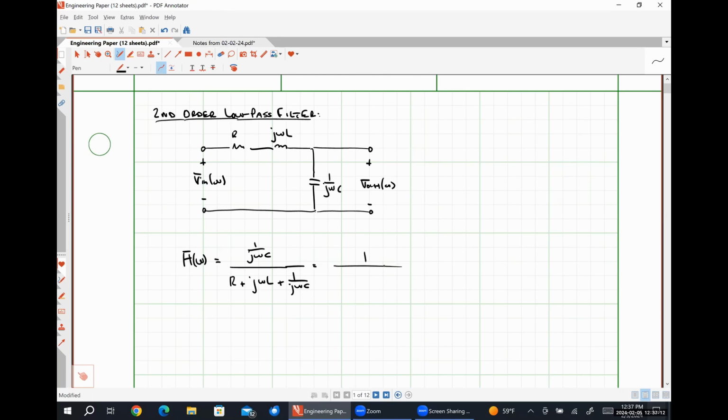And then I'm going to have a 1 as a real part. I'm going to have a j squared times omega squared LC. Since j squared is equal to -1, that's going to look like 1 minus omega squared LC. And then my imaginary part of my denominator is going to look like j omega RC.